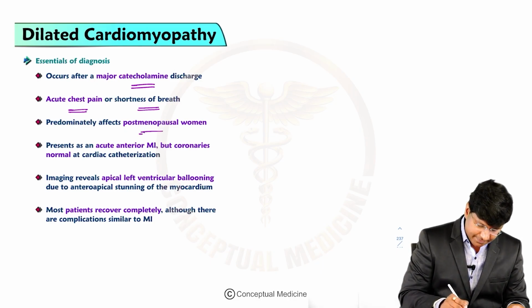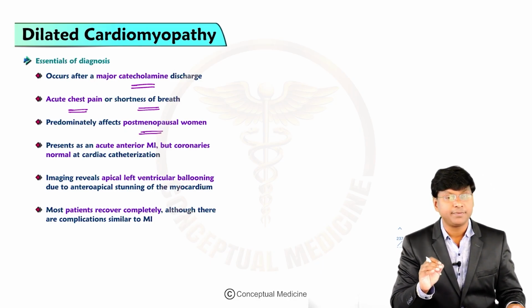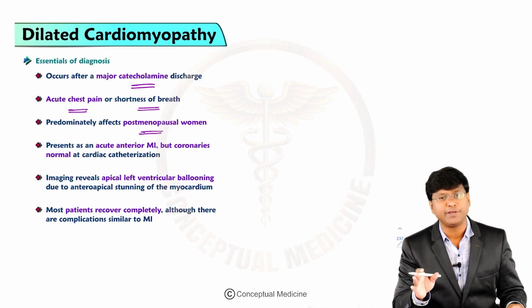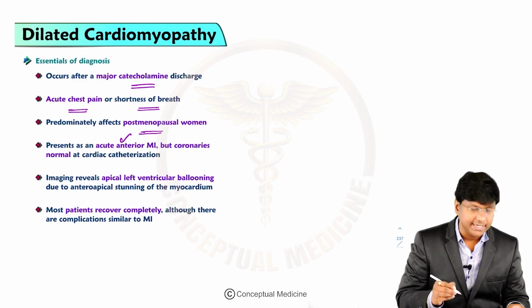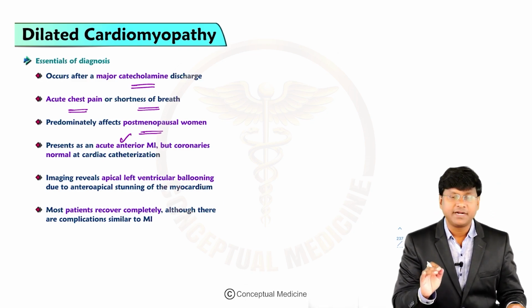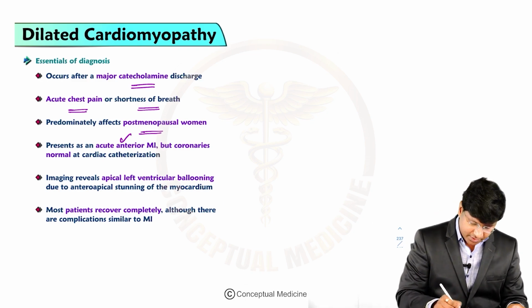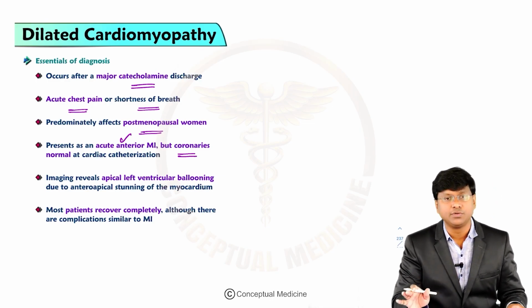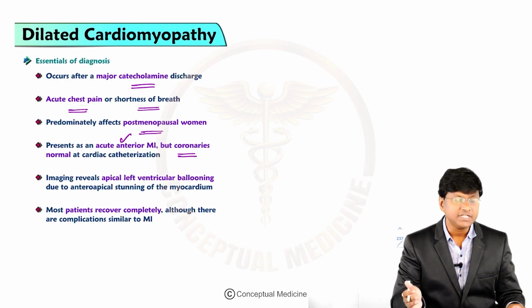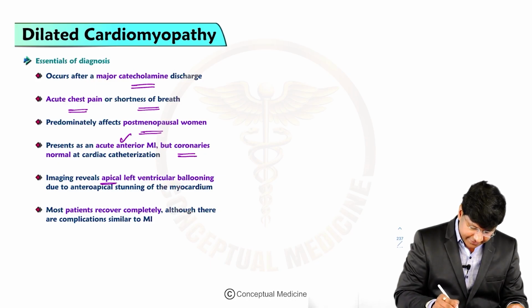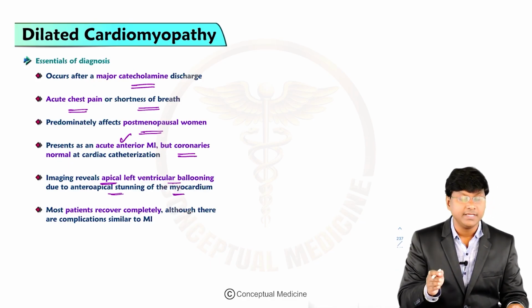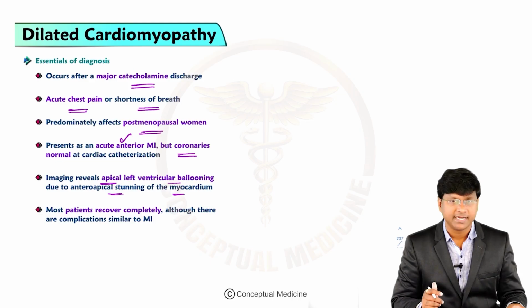And this Takotsubo cardiomyopathy predominantly affects postmenopausal women, and the presentation will be in the form of an acute anterior MI. But when you do a coronary angiogram, the coronaries will be absolutely normal. And imaging reveals apical left ventricular ballooning due to anteroapical stunning of the myocardium. So there will be ballooning of the apex of the heart.